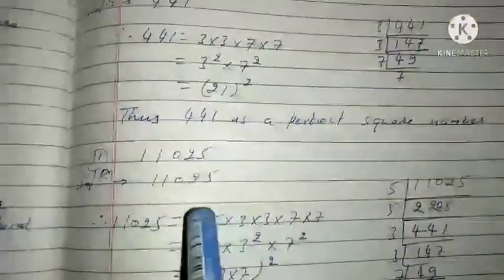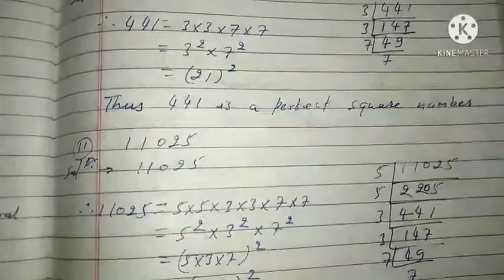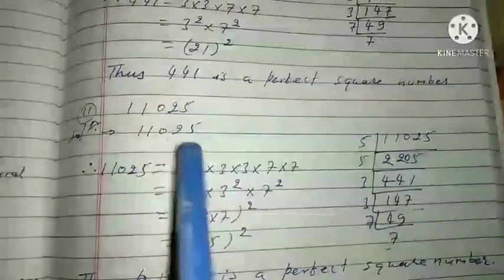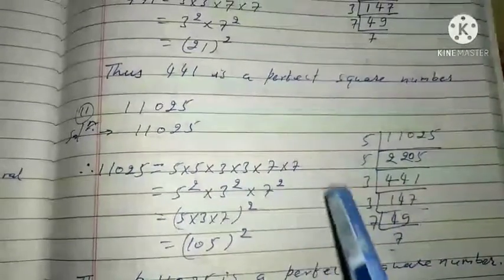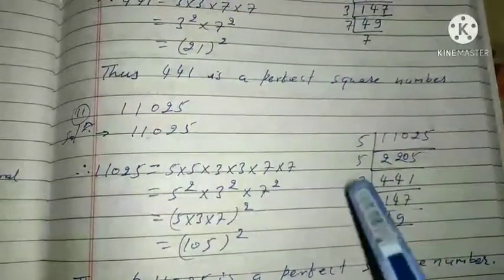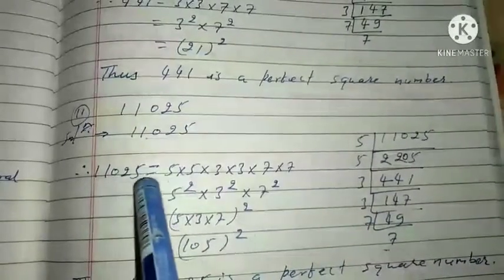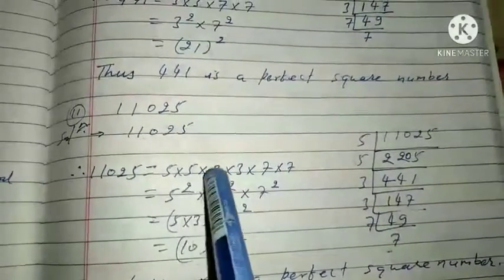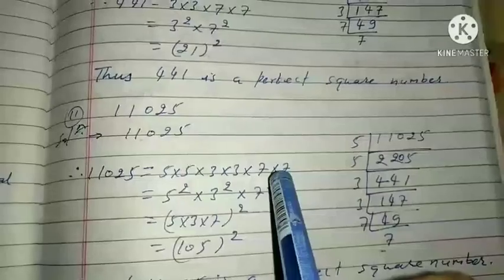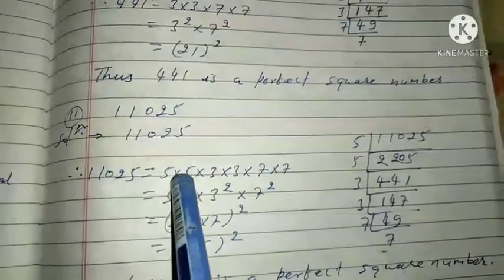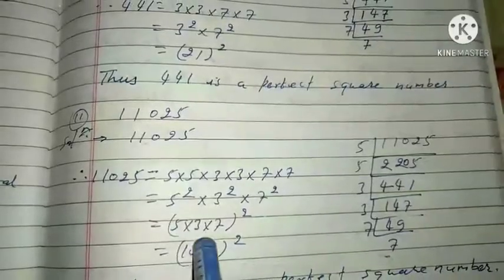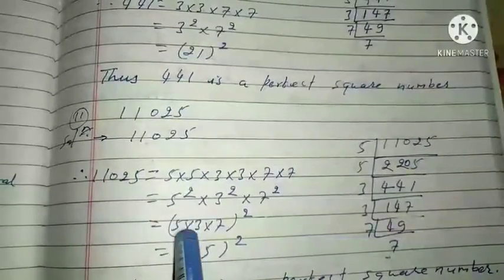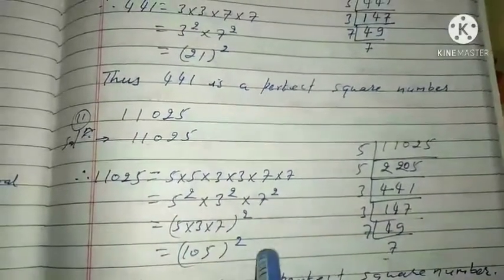Next, 11,025. Similarly, we'll do the prime factorization for 11,025. On doing the prime factorization, we find that 11,025 can be written as 5 into 5 multiplied by 3 into 3 into 7 into 7. This can be written as 5 square, 3 square multiplied by 7 square. That again can be written as (5 into 3 into 7) power 2.